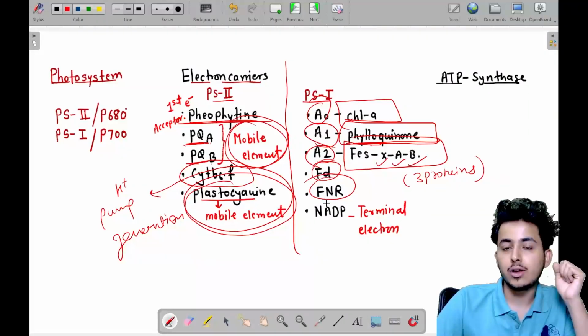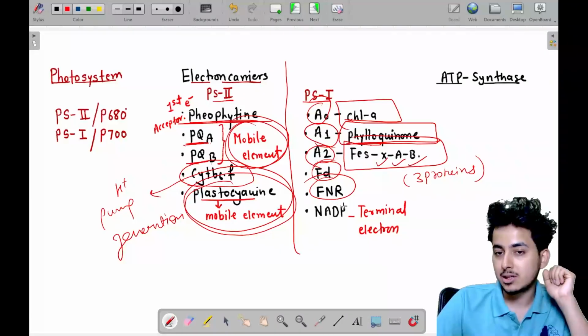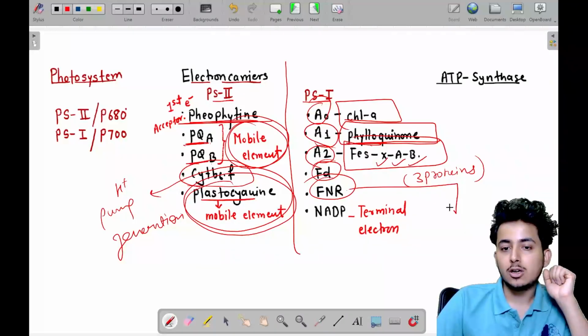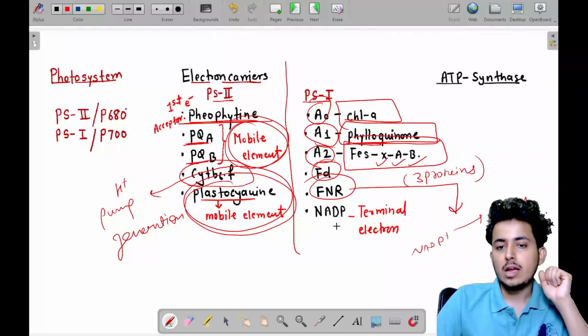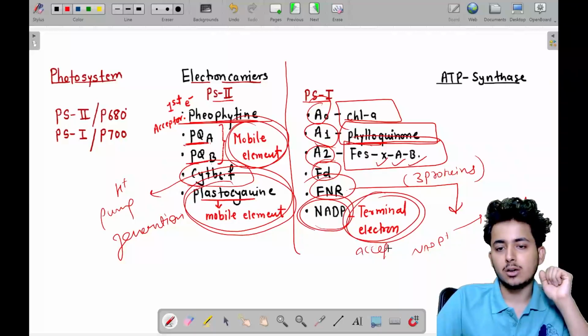Okay, FNR, ferredoxin reductase enzyme is there, which helps in the conversion of NADP plus to NADPH, and NADP is your terminal electron acceptor.